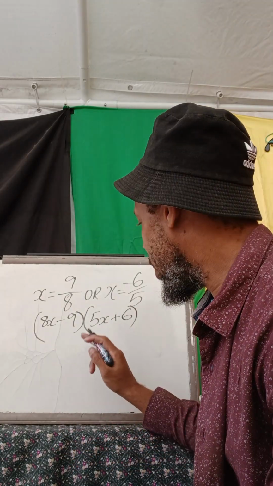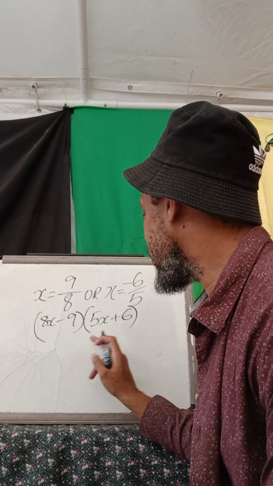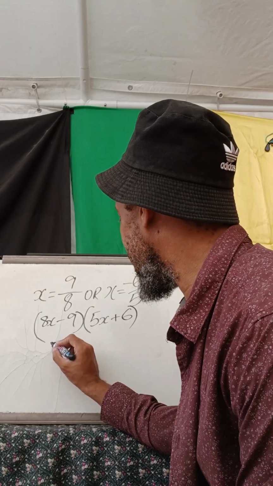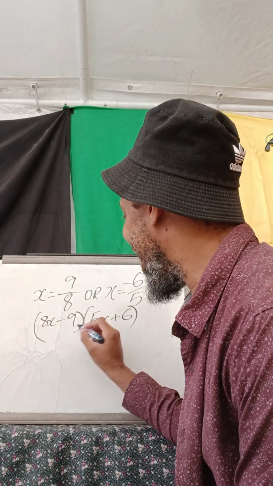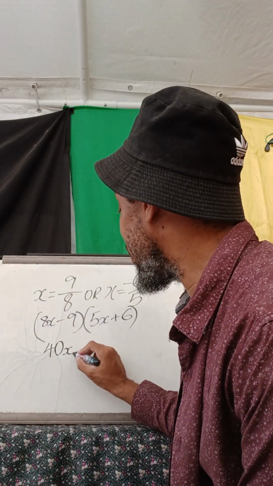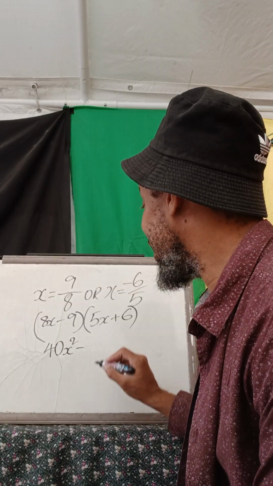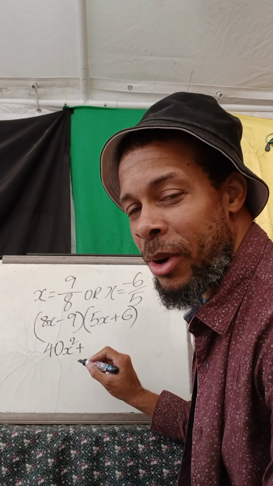Alright, so 48. No, lie. 8x times 5x, that's going to be... Oh, this is different. So we're going to have, I don't want to spoil it.